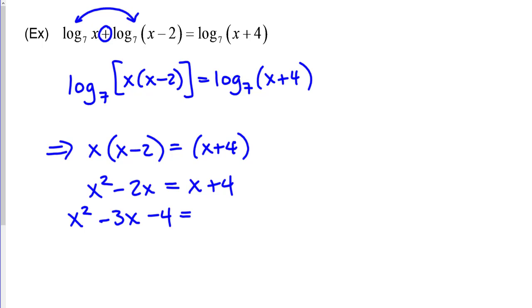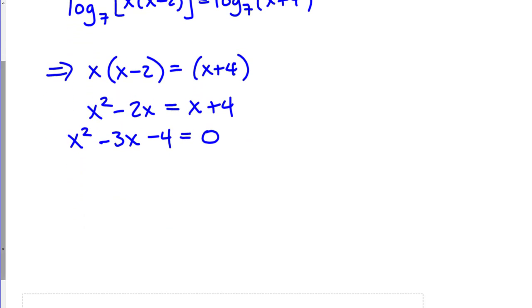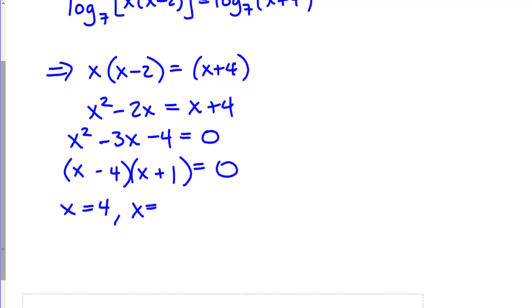And I need to subtract the 4 over, so it's going to be a minus 4 here. Which means when this gets factored, I have 4 and 1 here, minus 4 plus 1, so that x is equal to 4 and x is equal to negative 1.